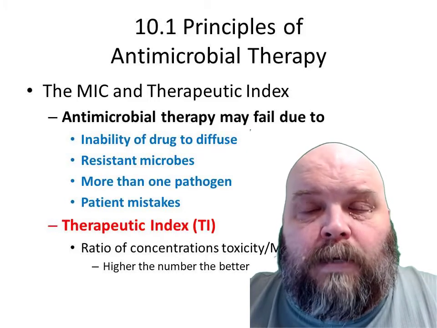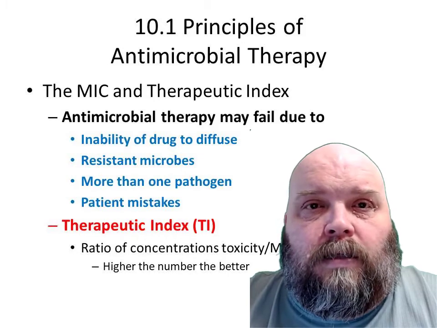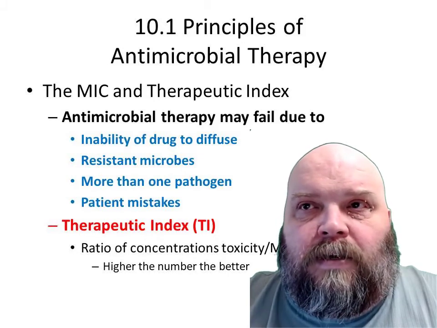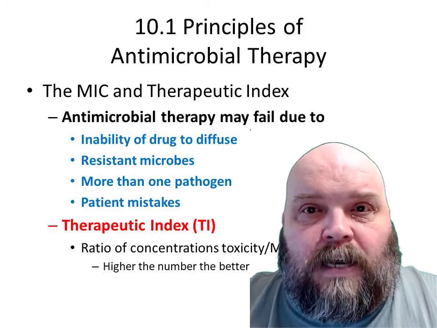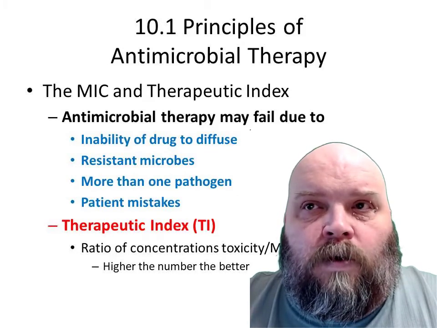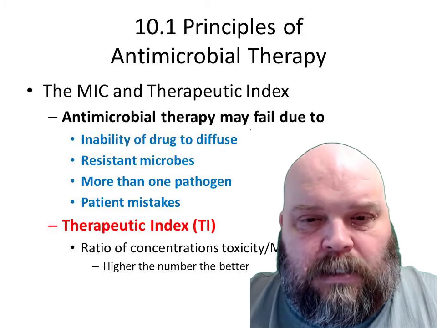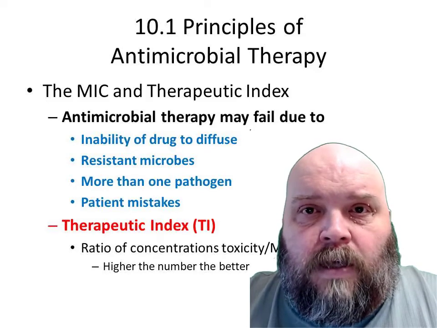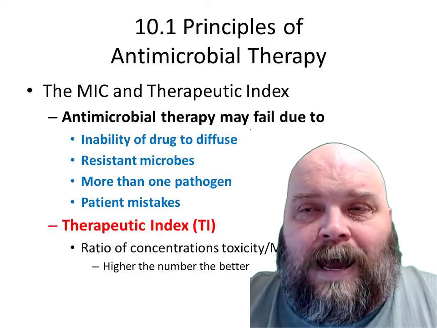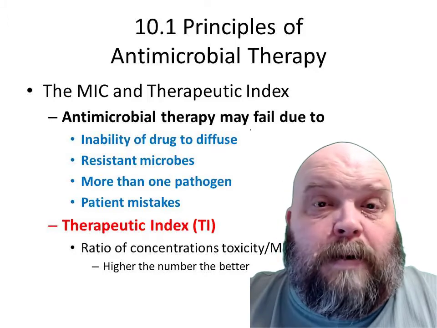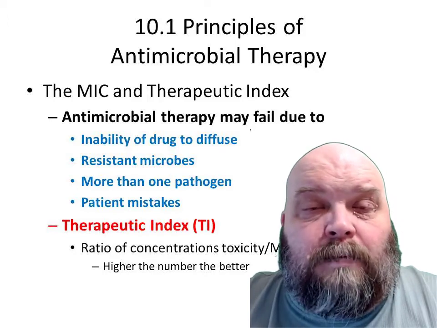What's going to be the best level of effect this antibiotic is going to have, and what concentration is it going to hurt the patient the least? Therapeutic indexes, the higher the index number, the better that antibiotic is.